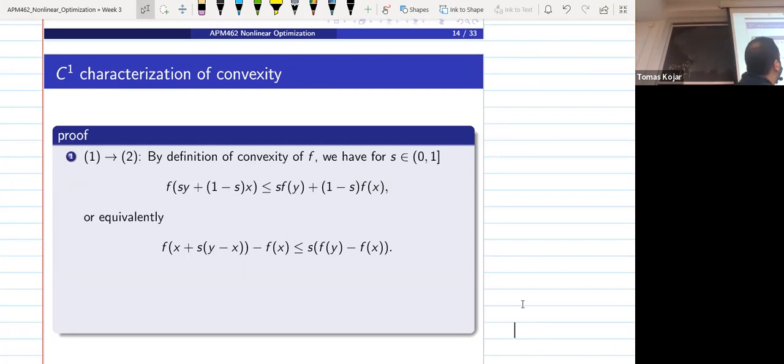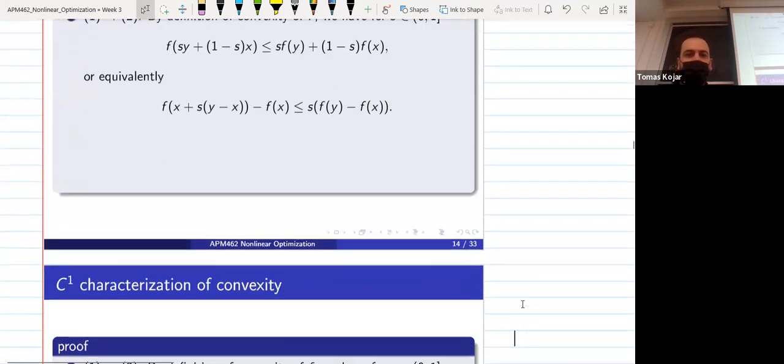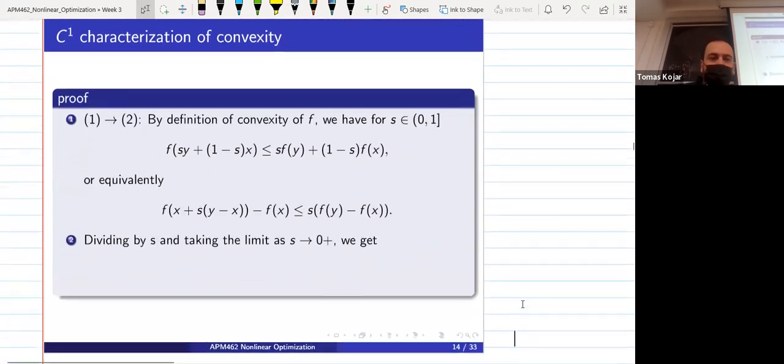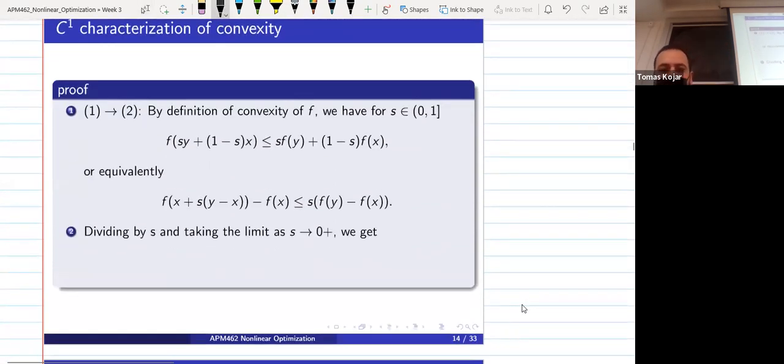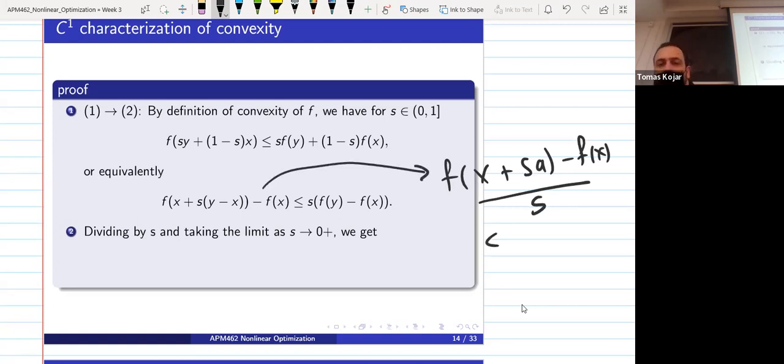I moved f of x to the left, and I factor out the s. You'll see why in a second, because I want to get the ratio for derivatives. So the left side is f of x plus s times some a, minus f of x, divided by s, is less or equal than f of y minus f of x.